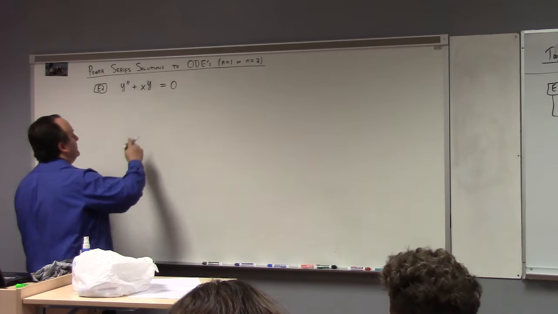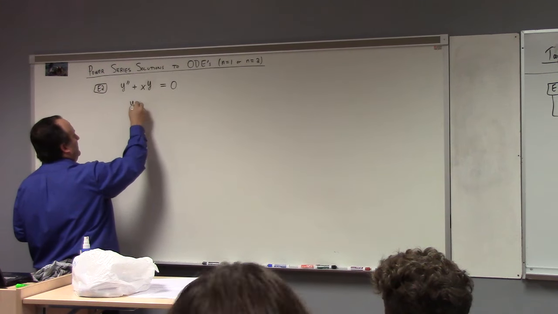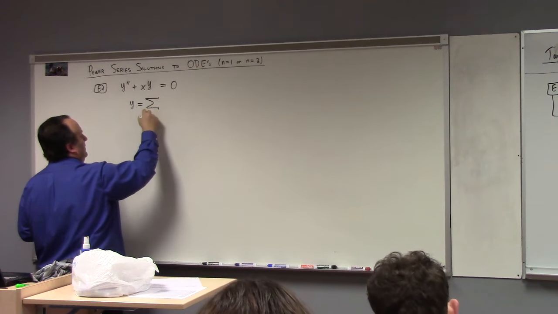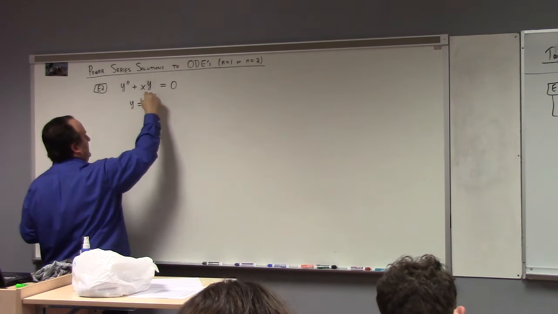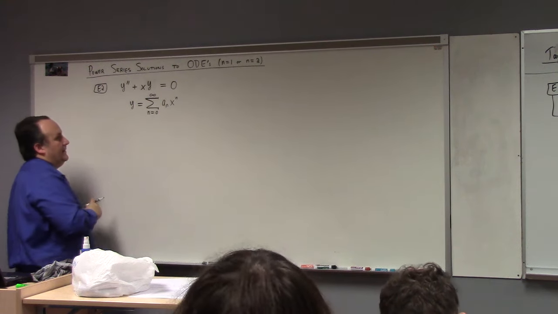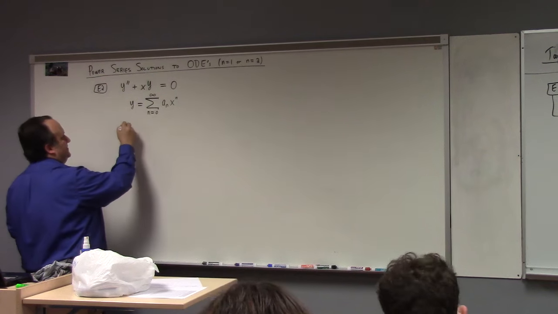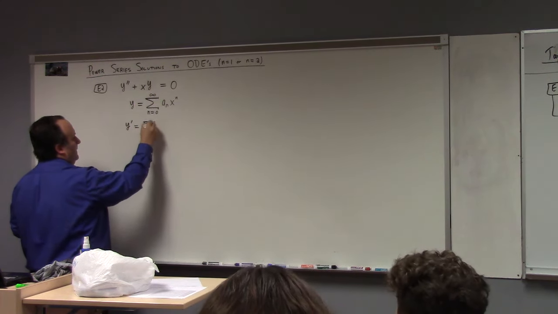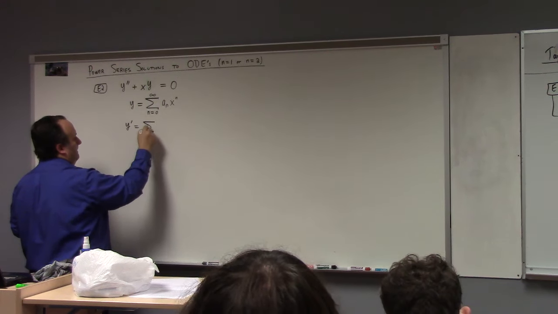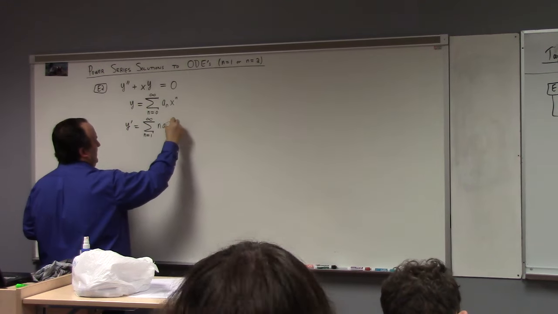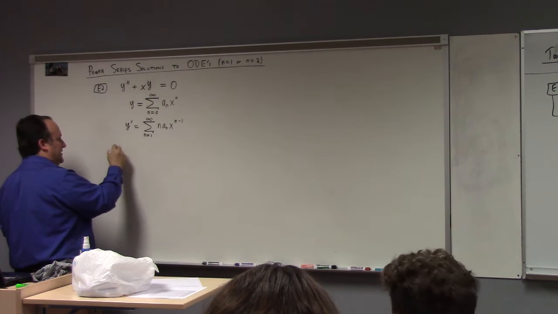So what do we do? We let y equal to the sum n equals 0 to infinity of a_n x to the power n. And then we differentiate: the sum n equals 1 to infinity of n times a sub n, x to the n minus 1. And then we differentiate a second time.